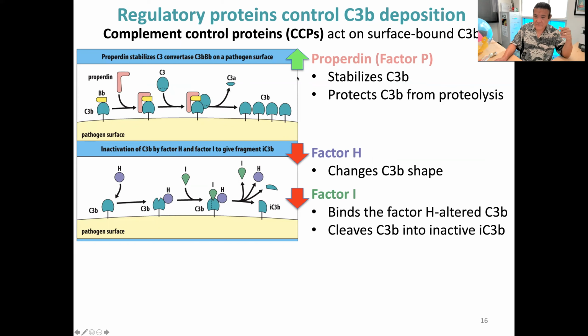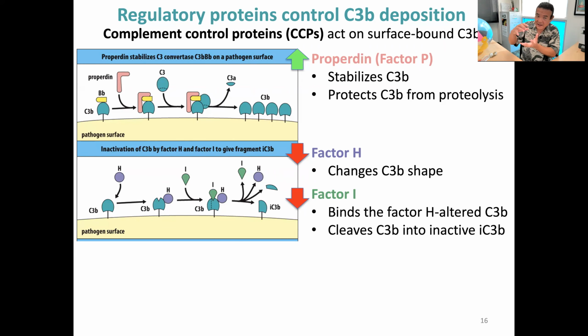Some proteins like factor P or properdin actually encourage opsonization to happen. You can see in the illustration here, properdin is this pink structure. Properdin, if it binds to the C3b-Bb convertase complex, helps to stabilize and keep the yellow part and the blue part together. Remember, these proteins are just interacting because of their shapes.